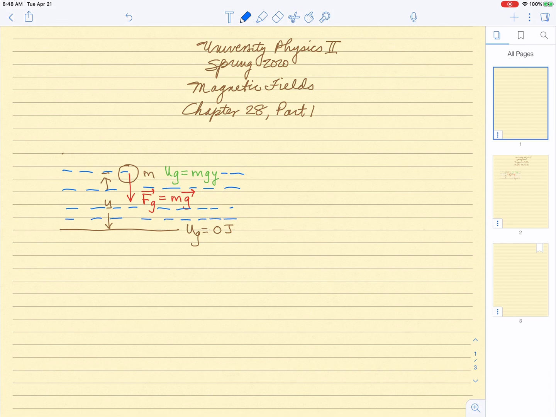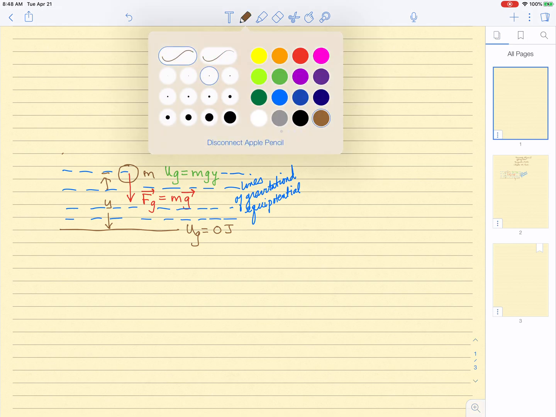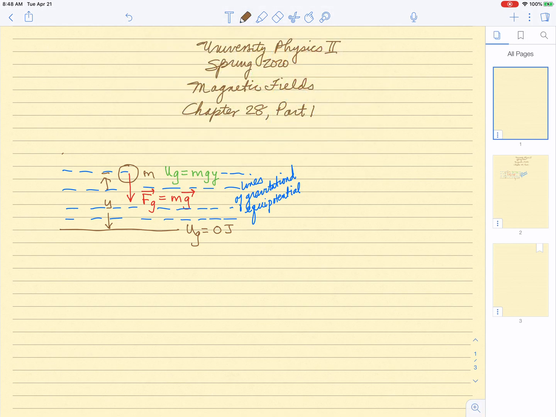So these would be lines of gravitational equipotential. Okay, and so we used that pretty extensively in analyzing the analogous electrical problem.